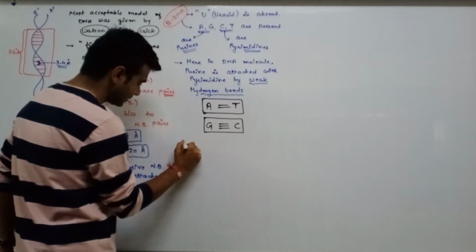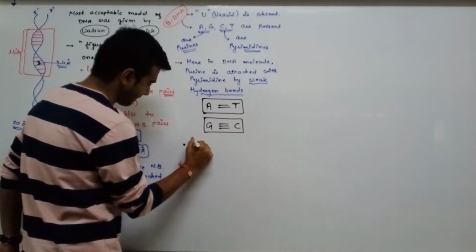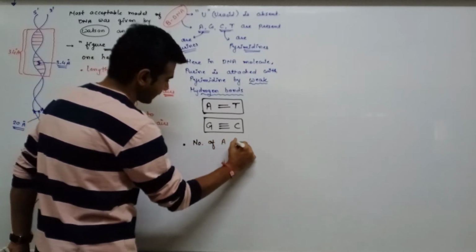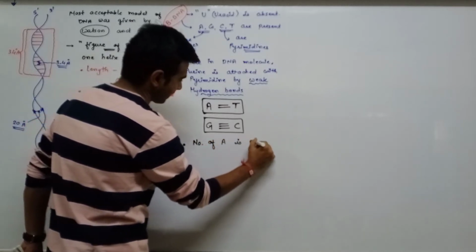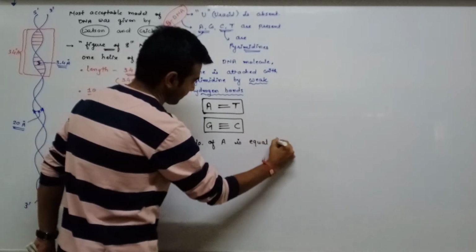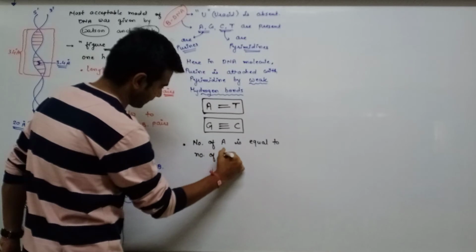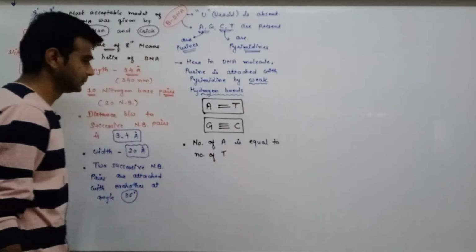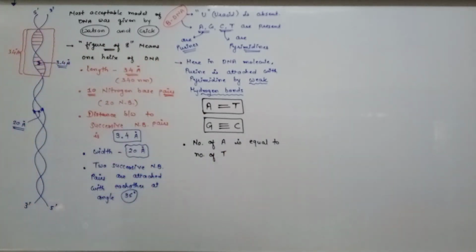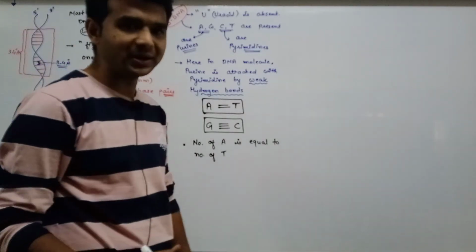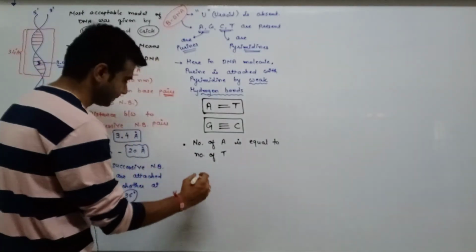Next is, the number of adenine is equal to the number of thymine. As many adenine as there are, that many thymine will come.